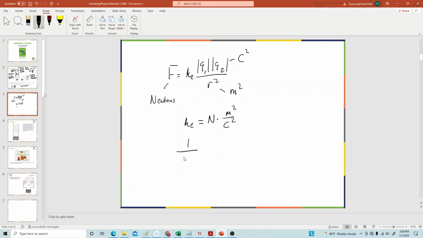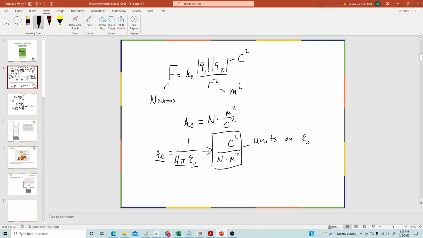But remember that Ke is 1 over 4 pi epsilon naught, and so the units on epsilon naught are going to be the reciprocal of the units on Coulomb's constant. 1 over 4 pi doesn't get any units. So epsilon naught gets coulombs squared over newtons times meters squared.